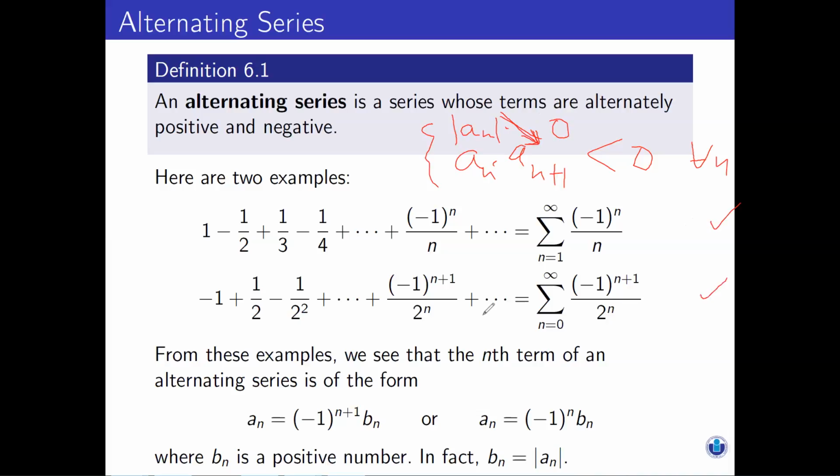This you already know because this is simply a geometric series. But this one, you see that if you take all the plus signs here, then the series diverges, right? That is a harmonic series. But now if you change the sign for every other term, then what you get is a convergent series. That is the content of the alternating series test.